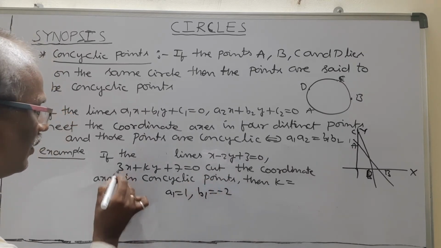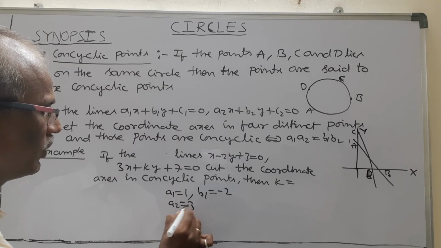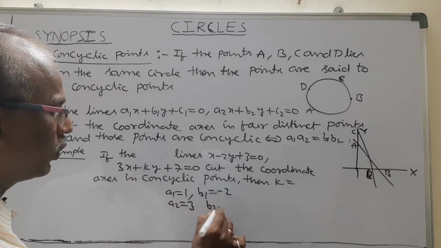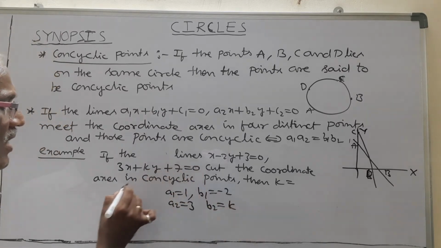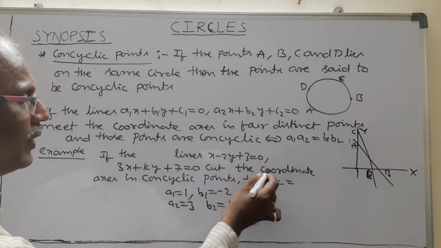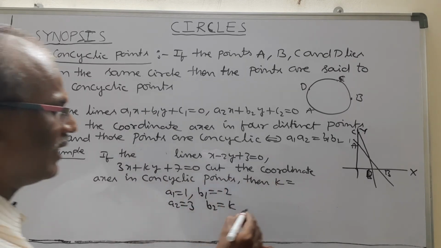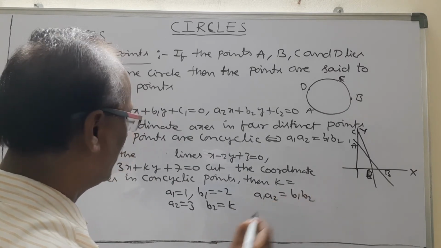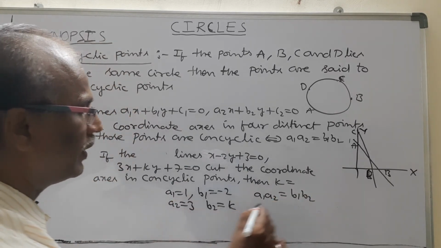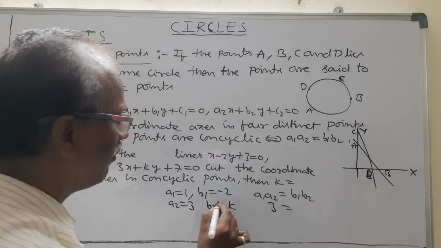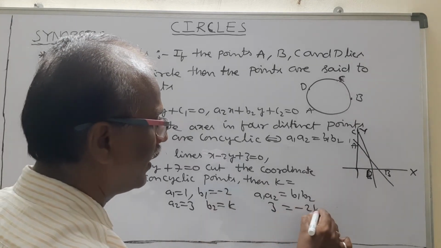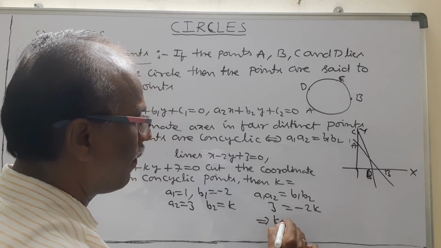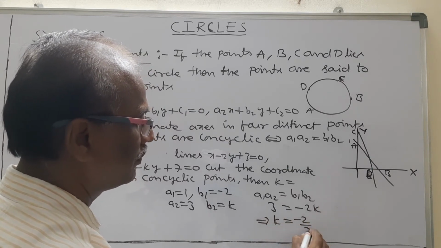The second line has a2 = 3, b2 = k. If these lines represent concyclic points, then the condition is a1a2 = b1b2, so 1 × 3 = (−2)(k), which gives k = −3/2.